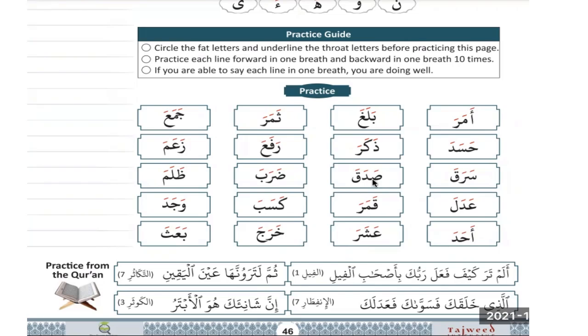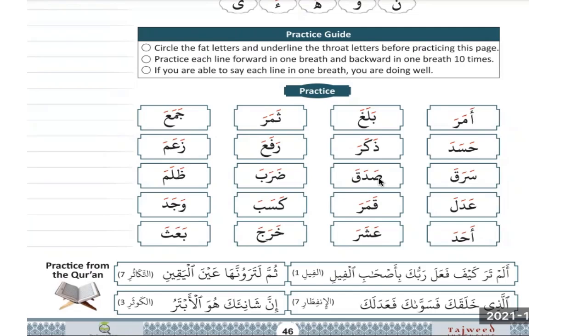Then next is sadaqa. Sad is again from the fat letters family. We will make a heavy sound. Sa. Then dal is a light letter, and then qaf is from the fat family. So dal is between these 2 fat letters.